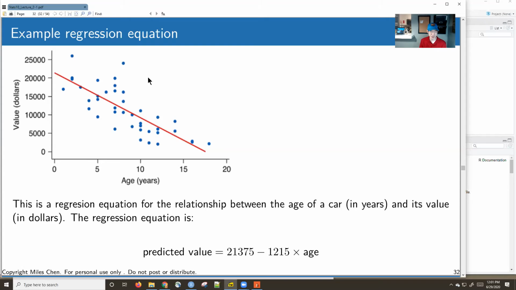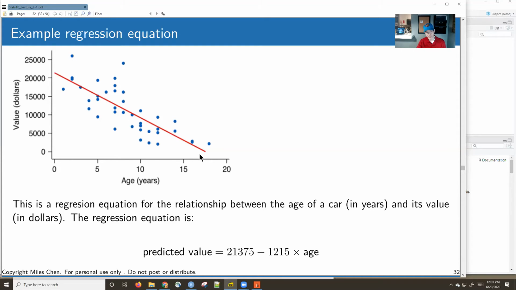And I'm not sure in what land a 15-year-old car has this much value. But anyway, this is what the relationship is, and here's the data that we've gathered in the blue dots, and the overall relationship can be summarized with this straight line.